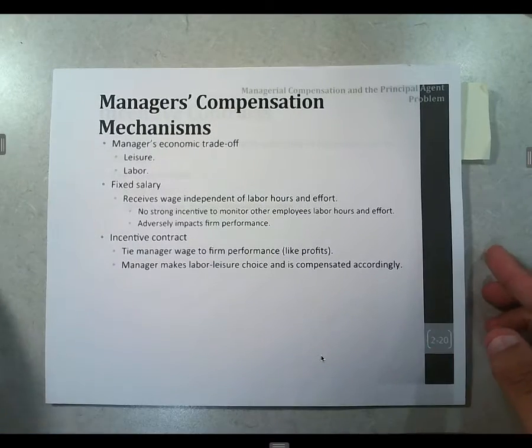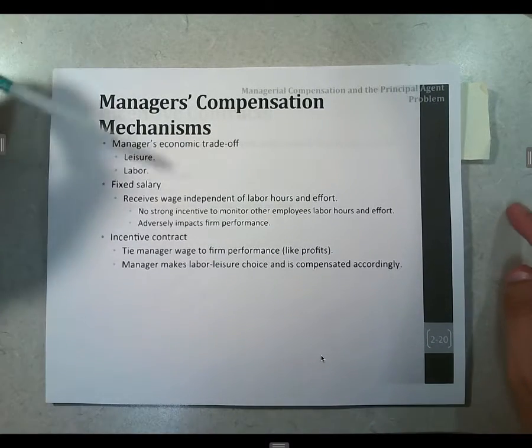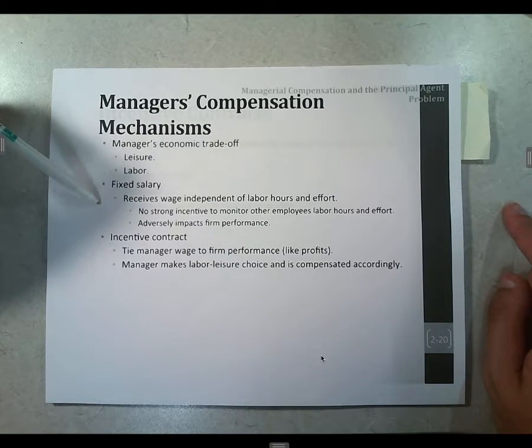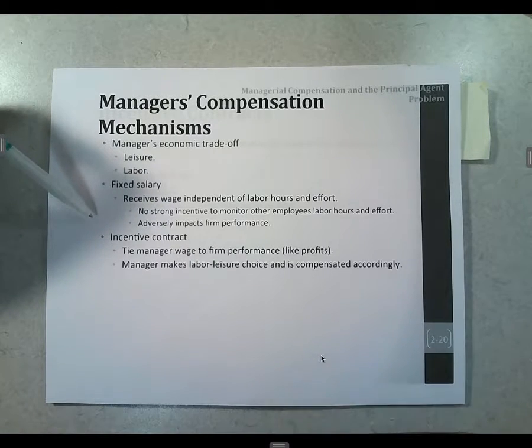So what are managers typically thinking about? Managers have a trade-off between wanting to rest and wanting to work. Obviously they want to rest as much as possible, but some want to work very hard. The problem with a fixed salary is that employees are just counting down the hours to get out of work as fast as possible.